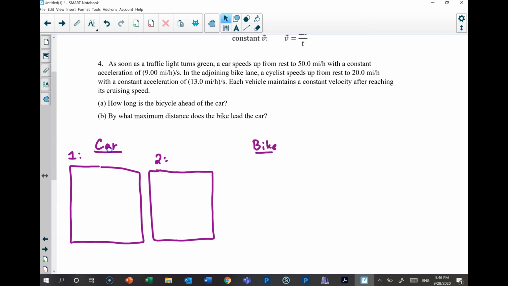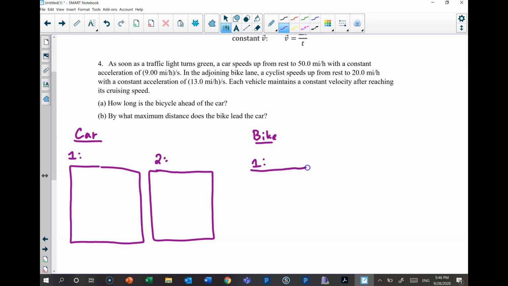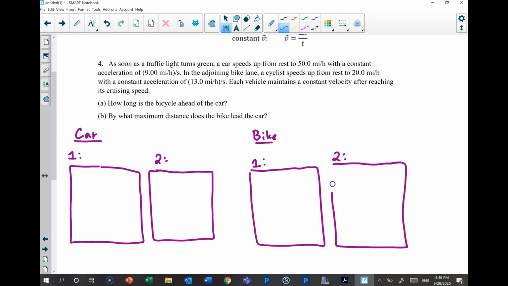And that's what makes this problem so hard. The bike also has a first segment and a second segment. So in a way, there are four problems, well, four equations at least, coming into play all in one question. So take a moment now, pause the video again. Given this, can you read the problem once more and identify the givens in the correct spots?